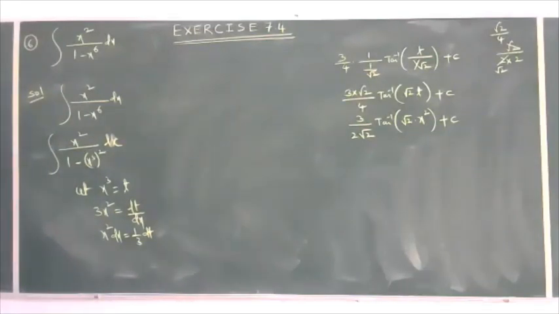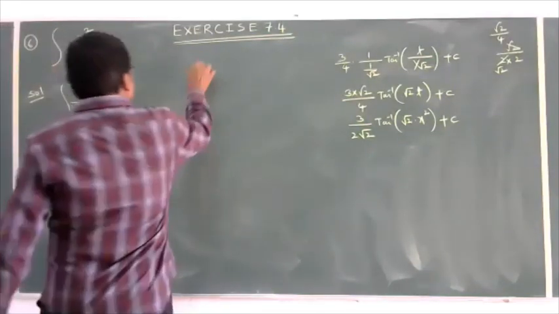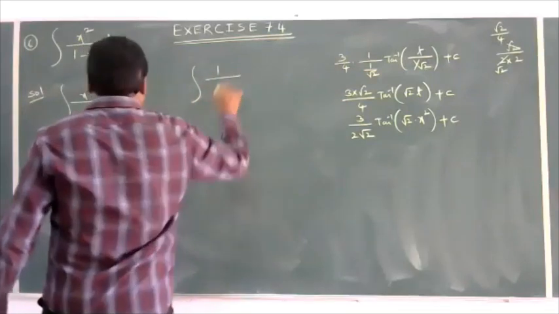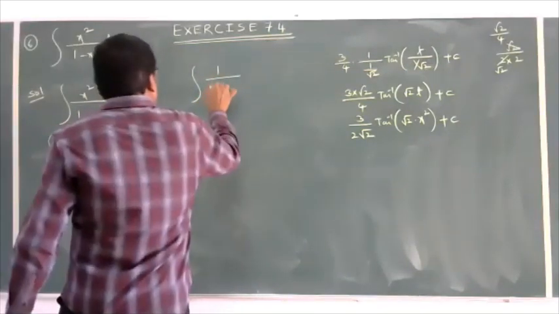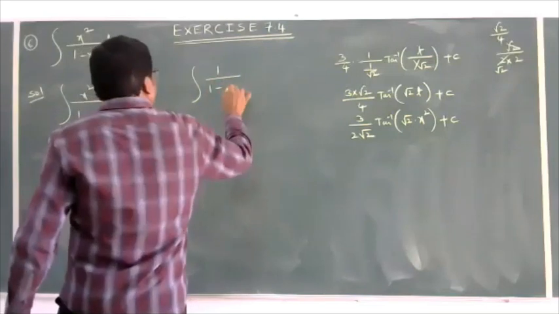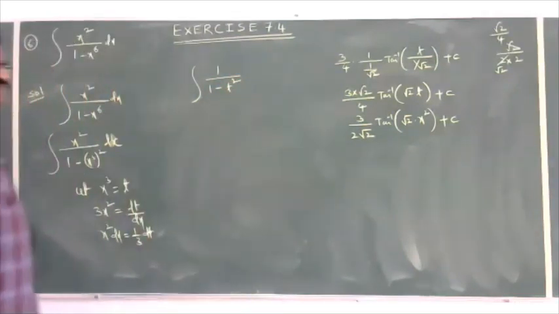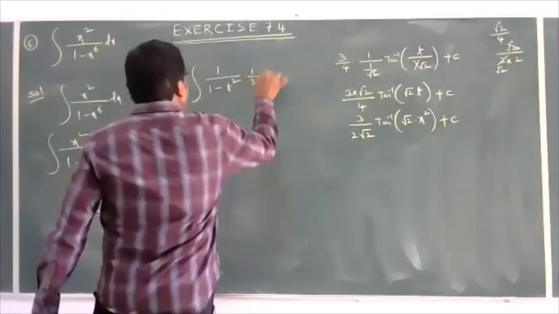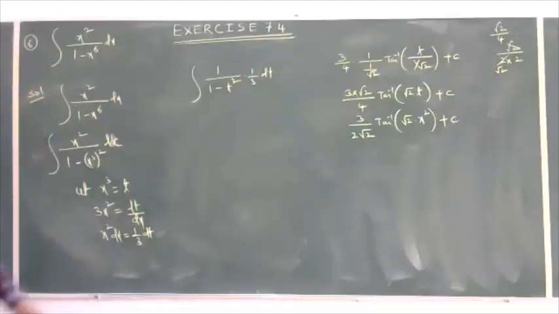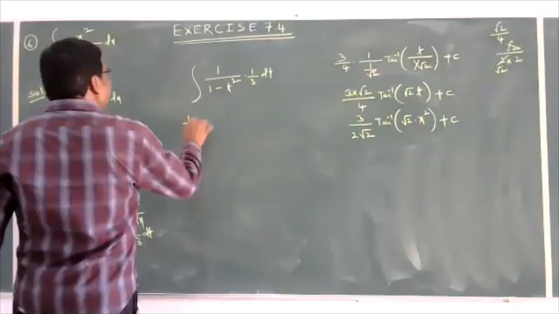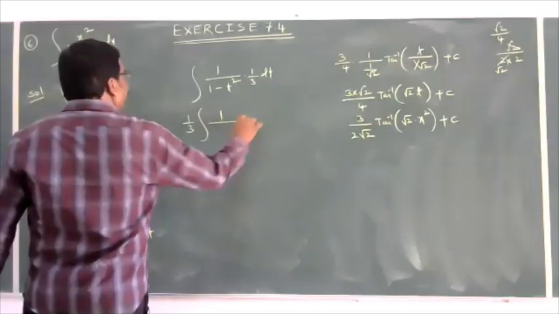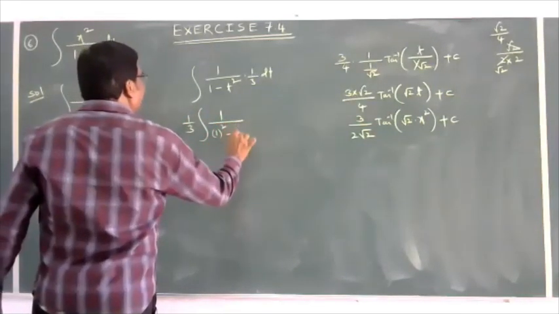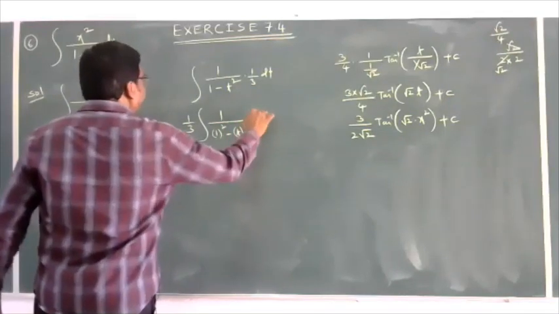That is integral 1 by 1 minus t square, so that is 1 by 3 integral 1 by 1 square minus t square into dt.